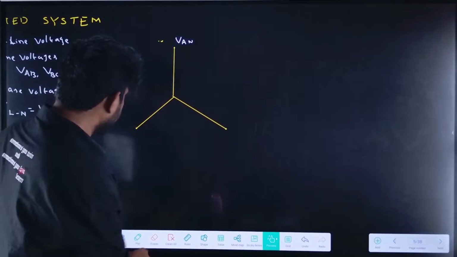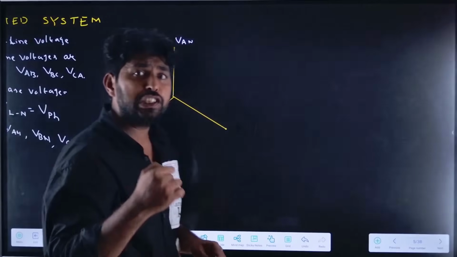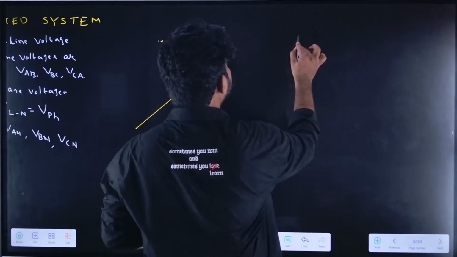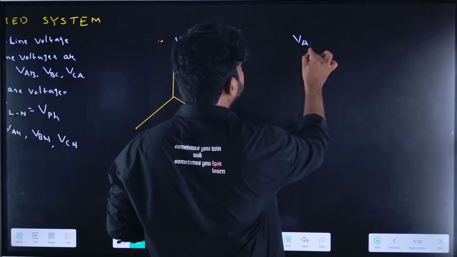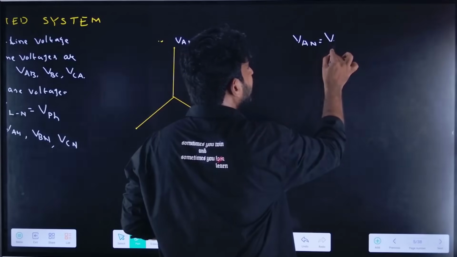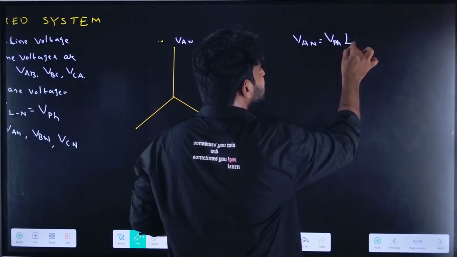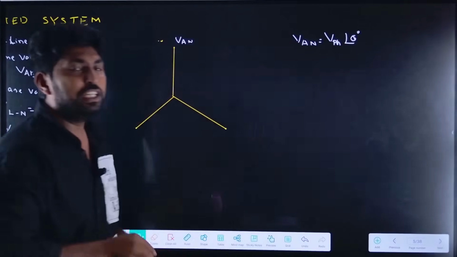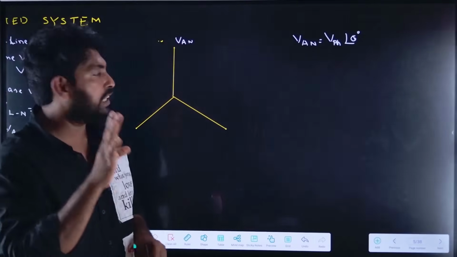Generally the reference phase starts from 0 degrees. So VAN is V phase at an angle 0 degrees.